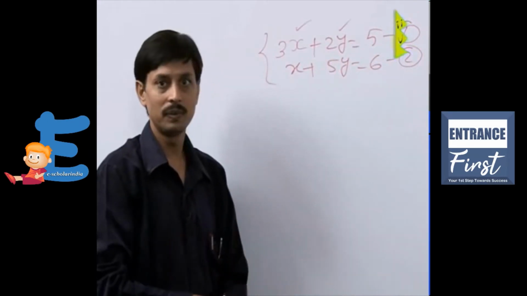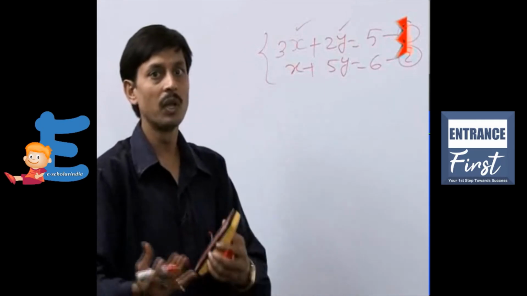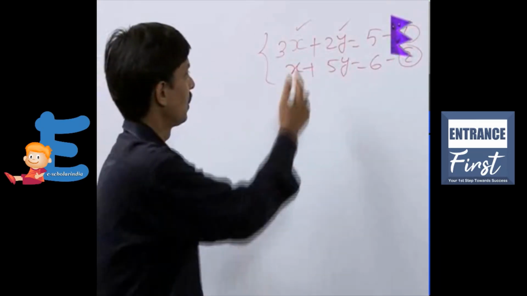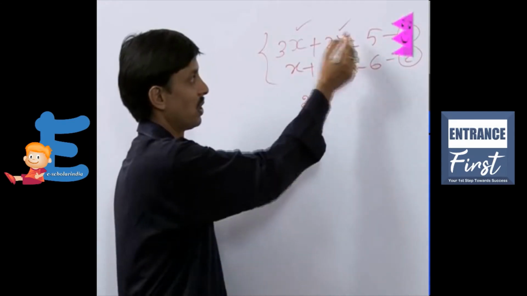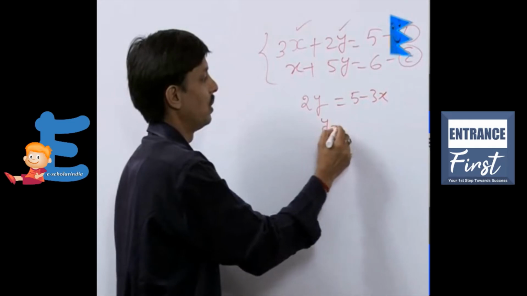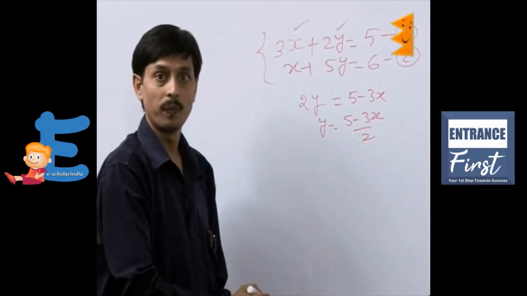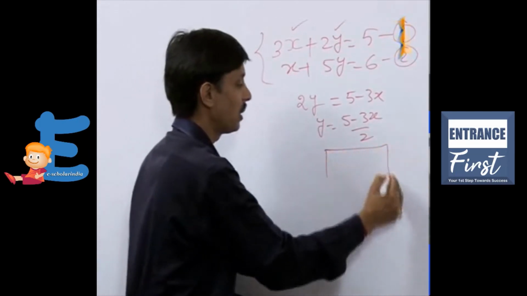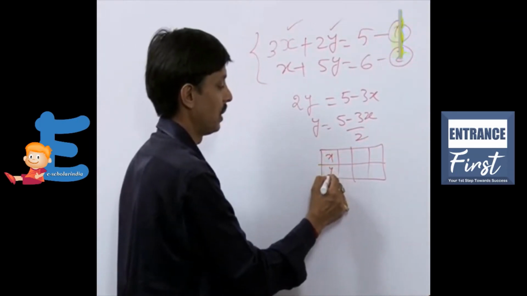To make the graph, express either x in terms of y or y in terms of x. If we do so, from equation number 1 this becomes 2y is equal to 5 minus 3x, or y is equal to (5 minus 3x) upon 2. Now we will make a set of solutions for x and y.